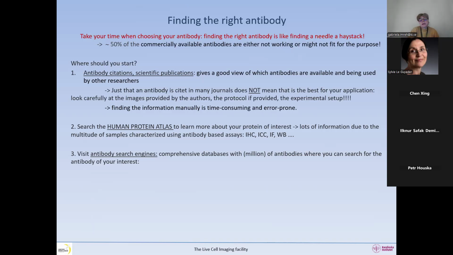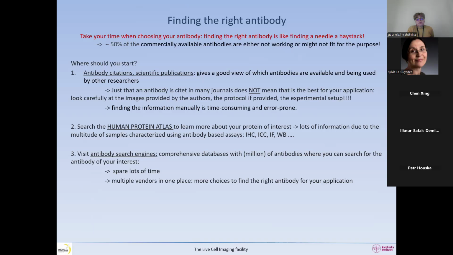And there are many antibody search engines that you can take help from, which are comprehensive databases with millions of antibodies, where you can search for your antibody of interest. This will spare you lots of time. It also brings together many vendors, all selling an antibody of your interest.